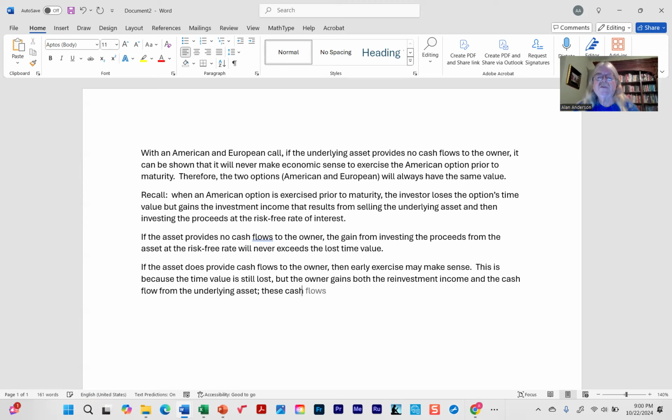These cash flows may exceed the sacrificed time value of the option. So here it might happen, it might work.